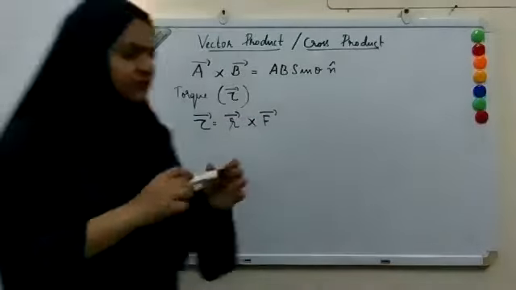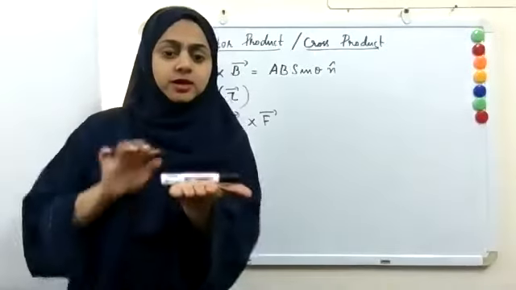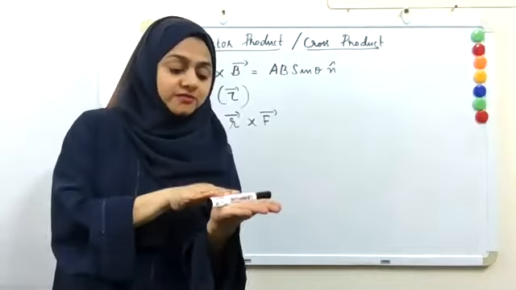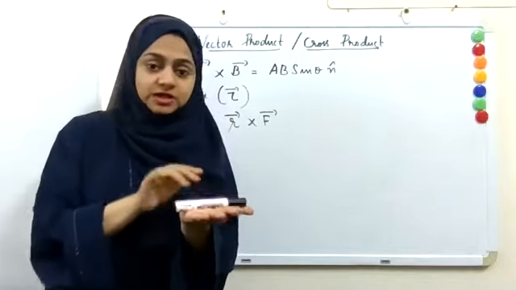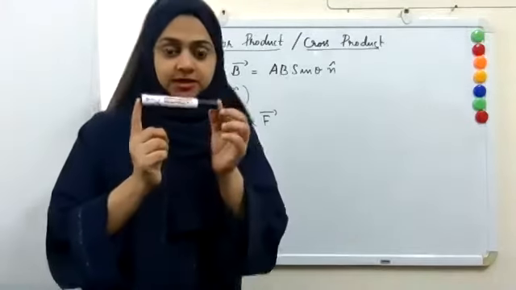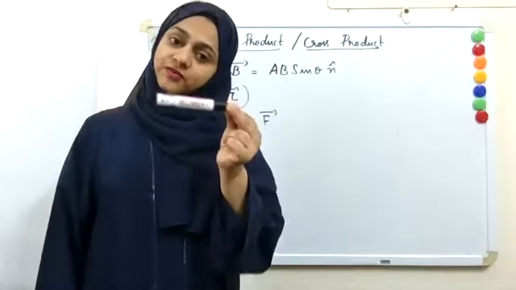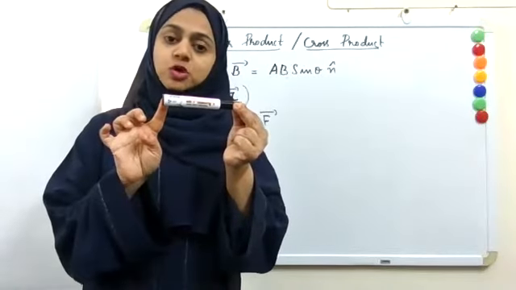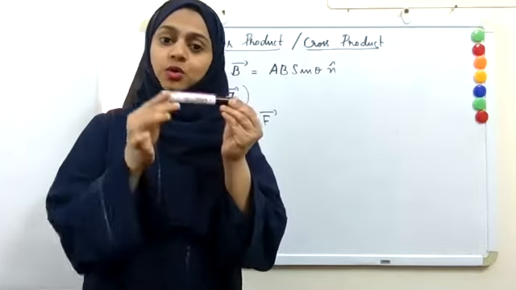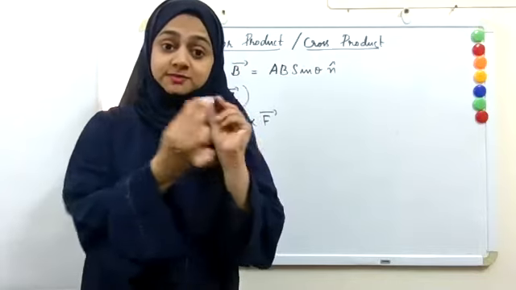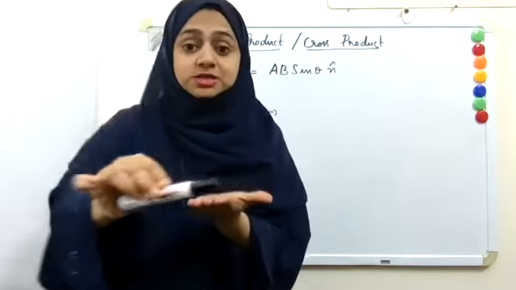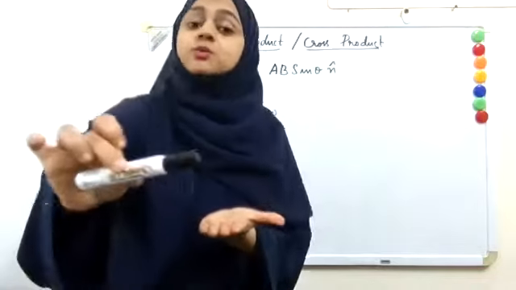For example, when we apply force on a body, it will move. Suppose I have this pen here, and if I apply force on the body, it will move, right? Now, if one end of this pen is fixed and I apply force only in one direction, what will happen? It will not move as a whole, but it will rotate. So what causes the translational motion, that is, the full body moving?